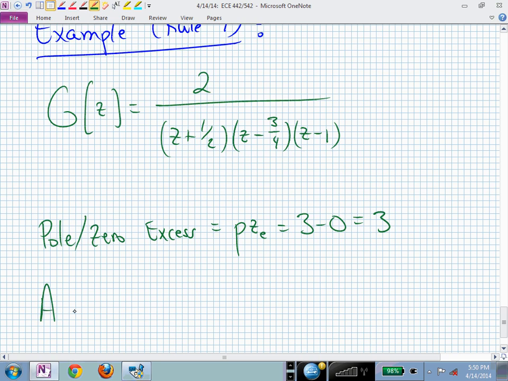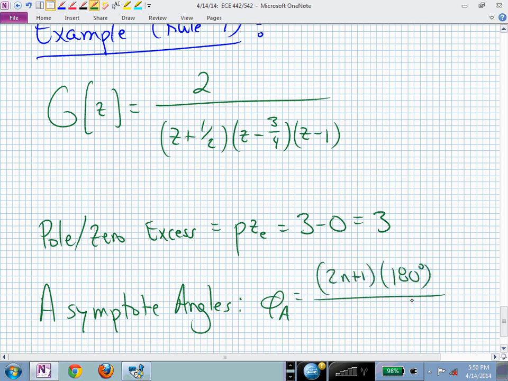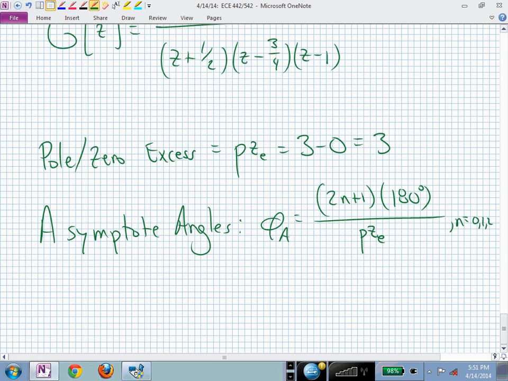Our asymptote angles are our phi sub a, which are 2n plus 1, and again, n is just an integer, assuming values of 0, 1, up to 2 in this case. And we're divided, well, let me go ahead and just say for now, since that's the generic formula, let's just say that's pz sub e.